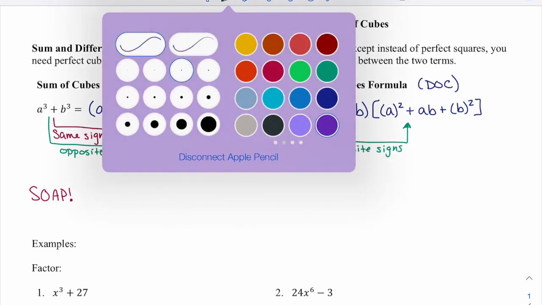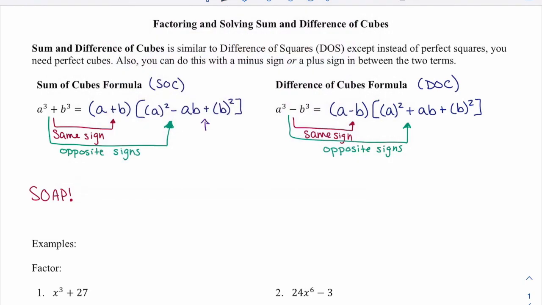And the AP stands for always positive because the last term in both formulas is always positive. So remember, we're going to use SOAP, same opposite, always positive, to remember the signs.